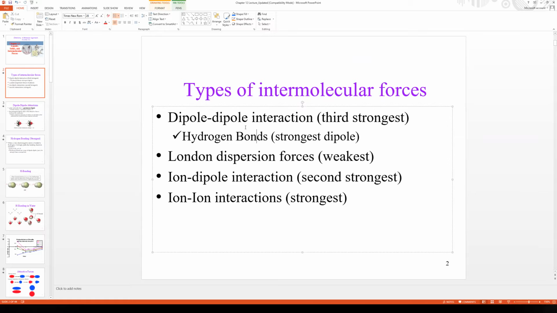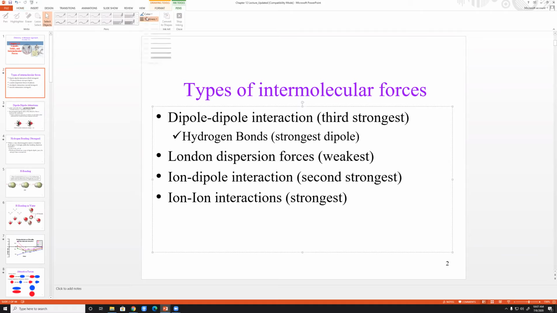So everything that we did so far in valence bond theory, valence orbital, all that stuff, that was intramolecular bonding. So I'm going to write that definition on top. Intramolecular. Everything we've done in this class so far was intramolecular.